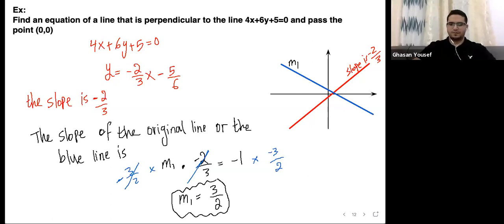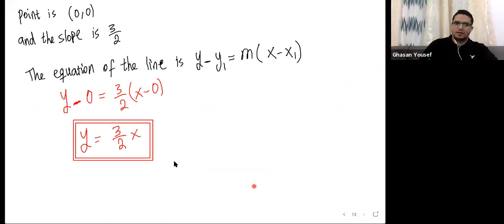Is it clear? Is this example clear? Yes, the equation is y equals 3 over 2 x. That's it. Eric, yes, the equation is 3 over 2 x. Any other question for this example or the previous example?